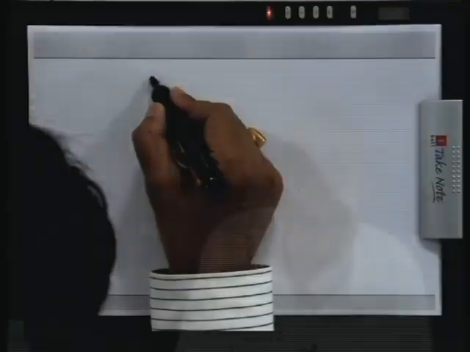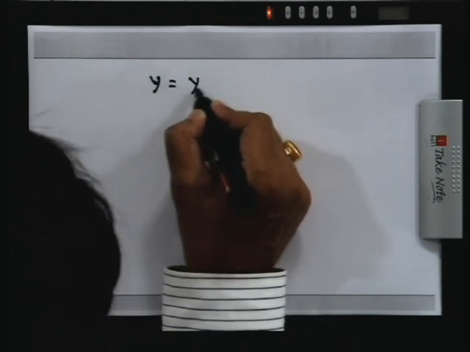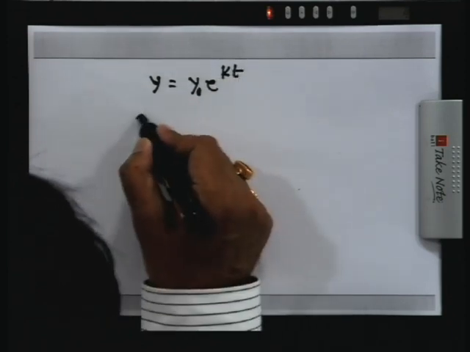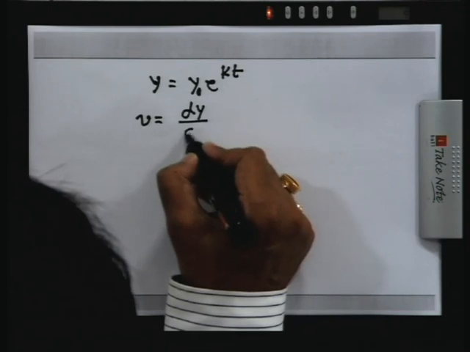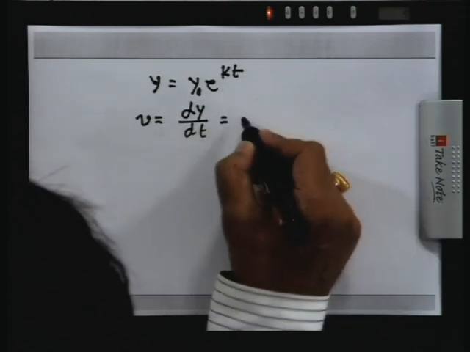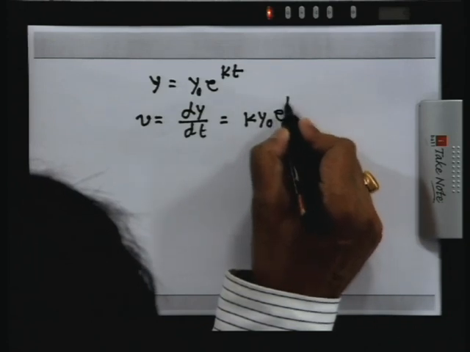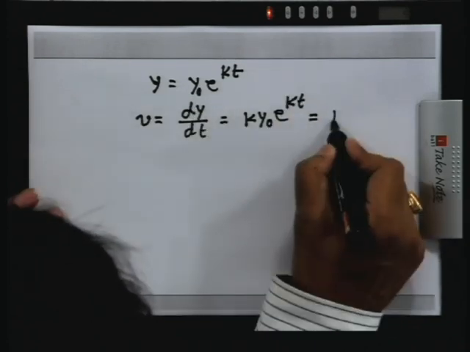Now, the y component is very simple, it is just a matter of a few seconds. y is equal to y0 e to the power kt. One can do it immediately: v is dy/dt, which is ky0 e to the power kt, and ky0 e to the power kt is ky.